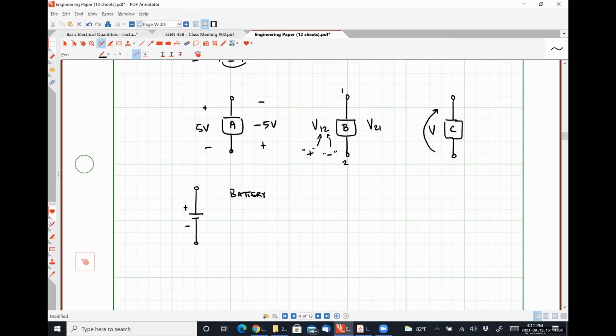The long electrode is associated with the positive polarity terminal. The short electrode is associated with the negative polarity terminal. This is likely what you guys saw in the overwhelming majority of problems in your Engineering 120 series. Okay? A battery is an independent DC voltage source.